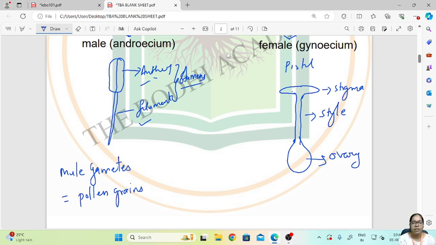And inside the ovary, there are tiny grain-like structures which are called ovules, and these ovules form the female gametes. Okay, so this is about the structure of the male gamete and the female gamete.